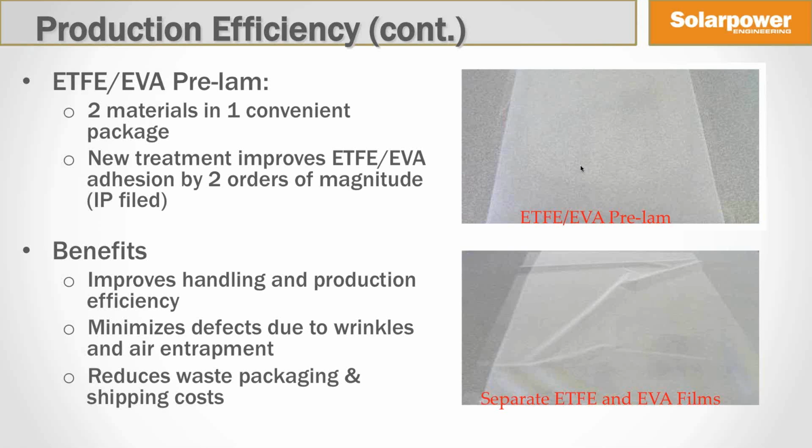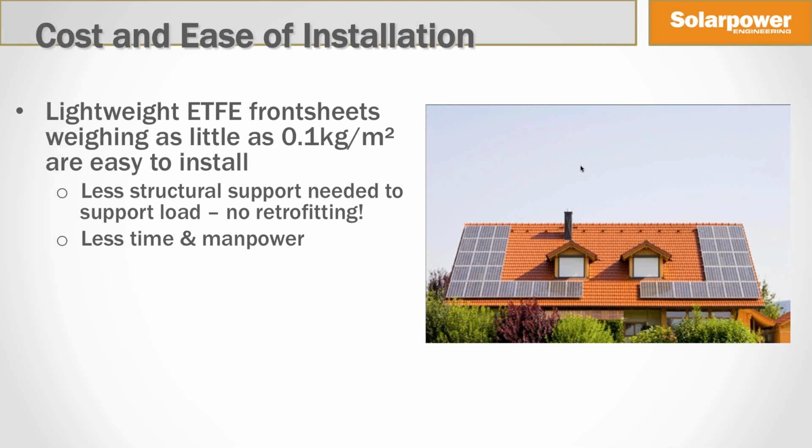And touching on the last of the key drivers, I explained efficiency, I explained durability. The third one is naturally cost. Today's commercial buildings are designed with little to no spare structural capacity due to cost constraints.